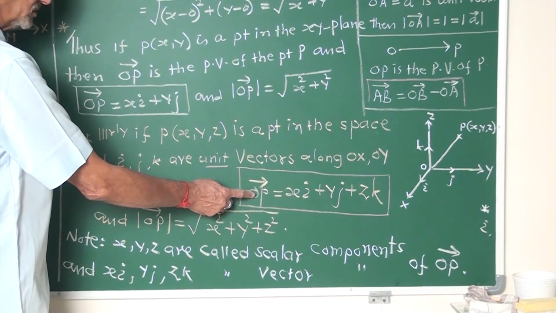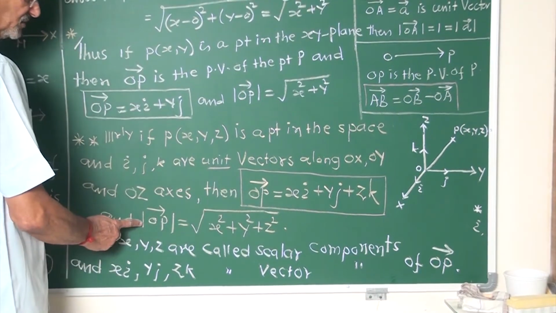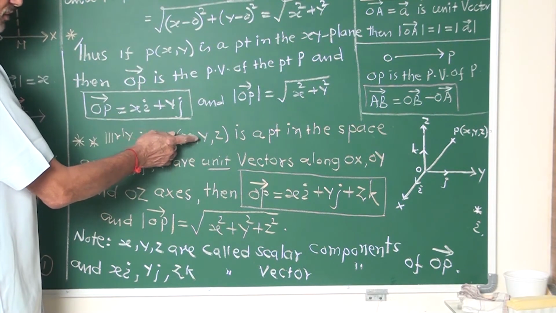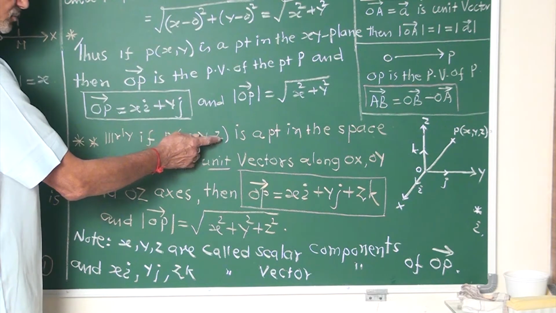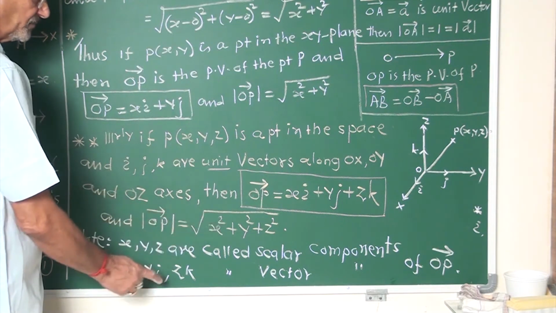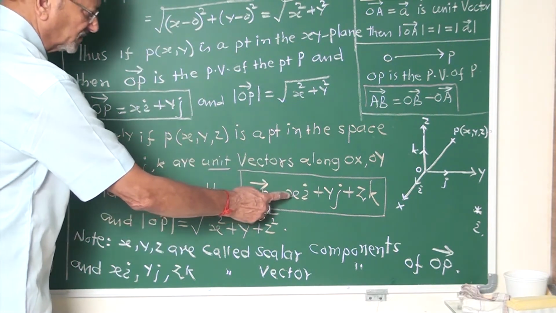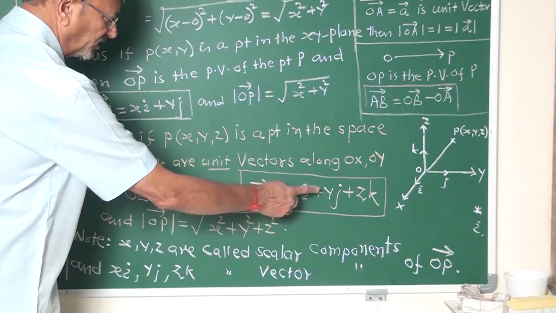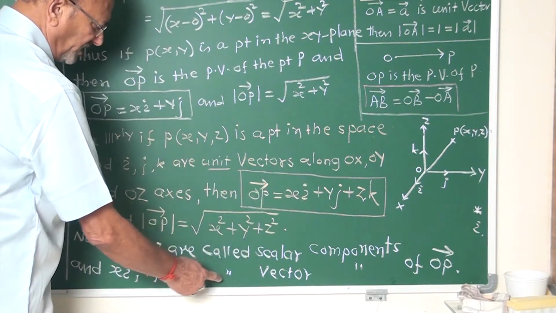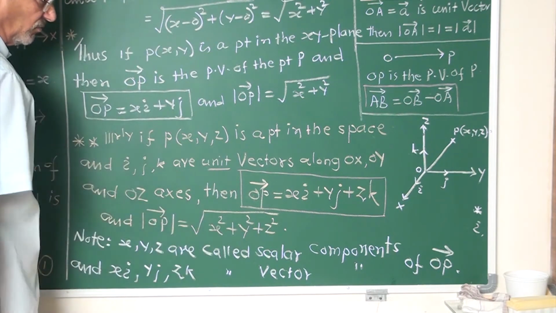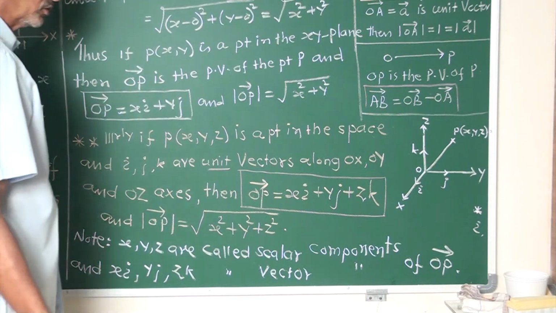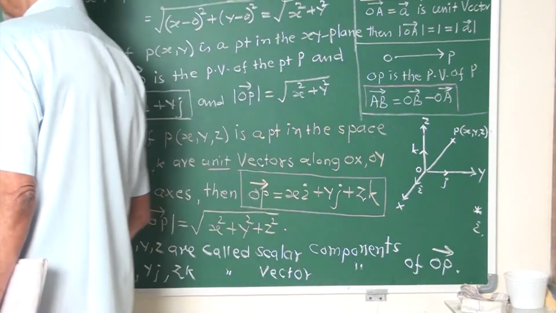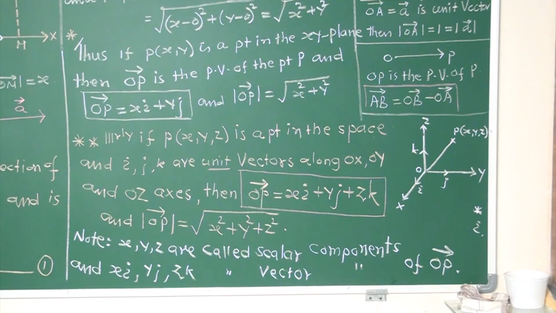This is the position vector of the point P. Then what is its magnitude? Same. Root of square of X coordinate plus square of Y coordinate plus square of Z coordinate. In this, my friends, simply if you take x, y, z, they are the scalar components. If you take along with the vectors xi, yj, zk, they are vector components. If you want to write another note there, that note is about i, j, k.